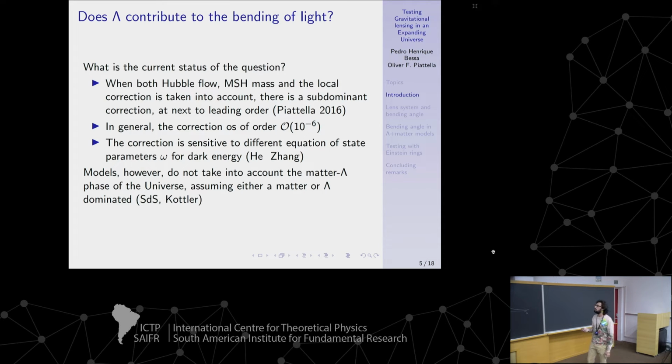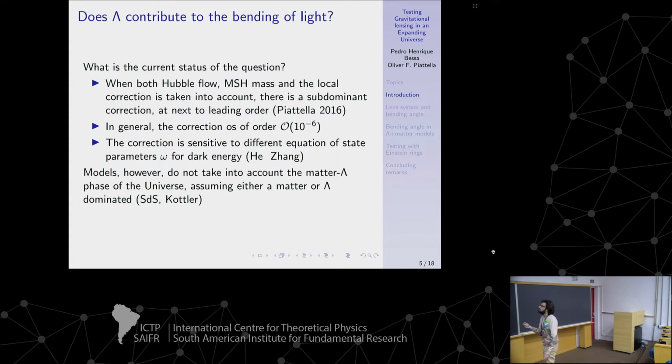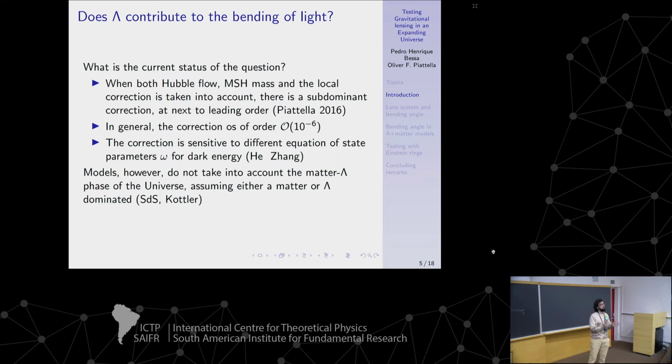And if we want to correct for the effect of the lambda, of the cosmological constant, on the bending angle, we also have to take into account the effect of the transition epoch from matter to lambda, because this is where we're measuring our lenses.